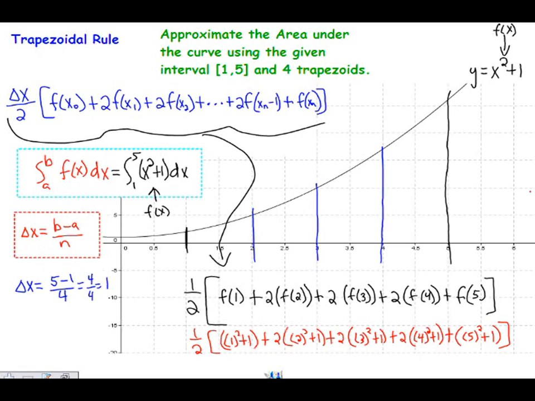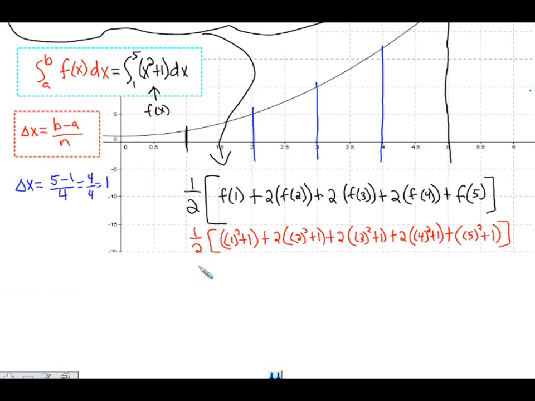Okay. Then we continue by evaluating this, and we get 1/2 times, and 1 squared is 1 plus 1 is 2. And then we continue. 2 squared is 4 plus 1 is 5. 5 times 2 is 10.